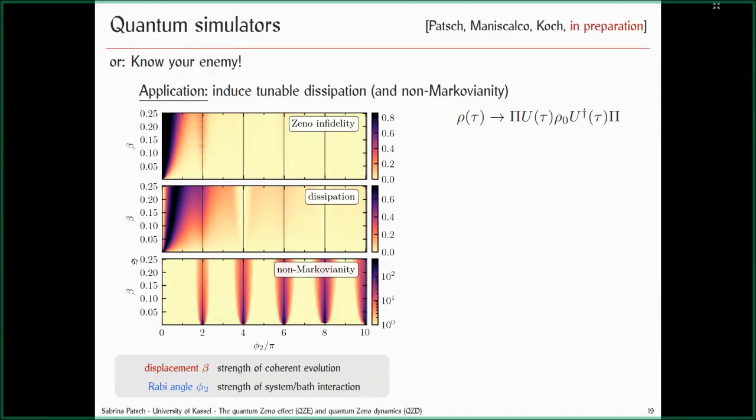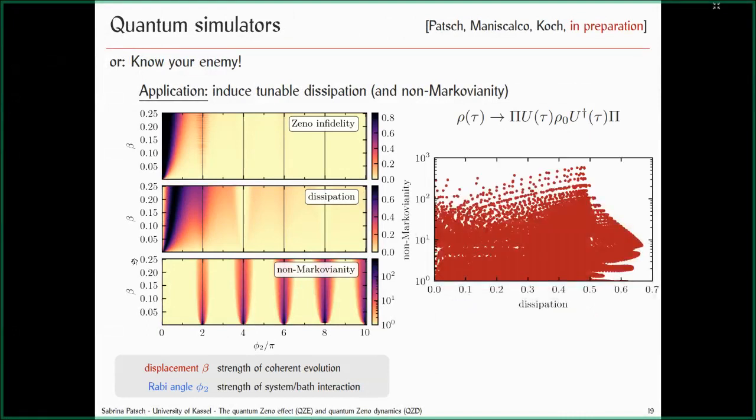And you could now ask the question, okay, I can tune the one or the other. So if you look at the plots, all the areas where I have non-Markovianity, I don't have much dissipation. That's true, and we changed the model a little bit to make it a bit more complicated. I'm not going to detail, but you see that in the end we can really tune dissipation and non-Markovianity more or less arbitrarily. So all the red dots that you see here just mean I can reach that.